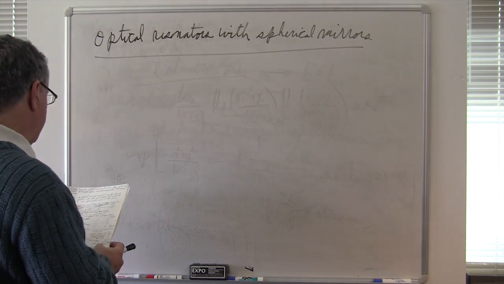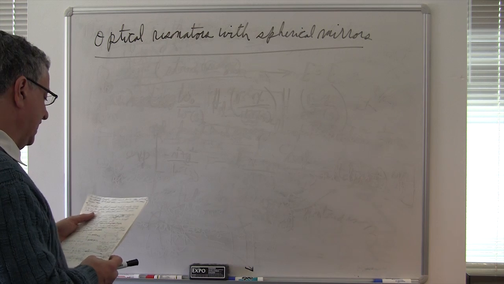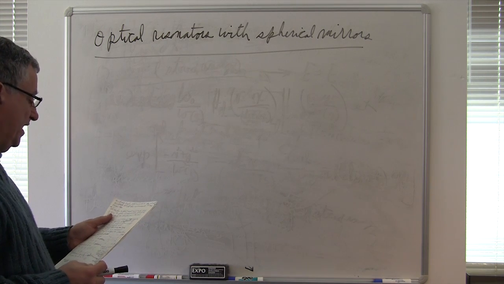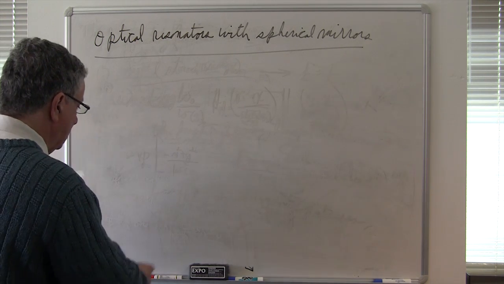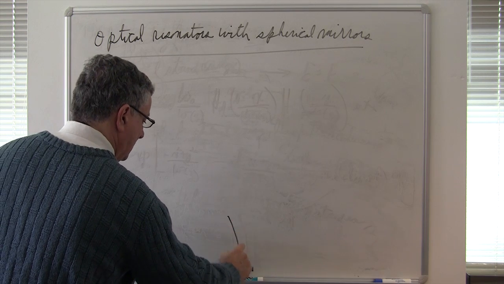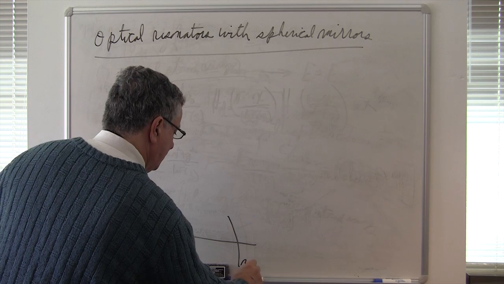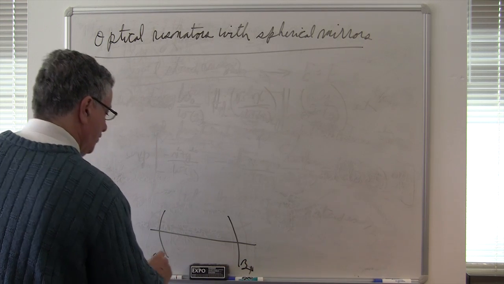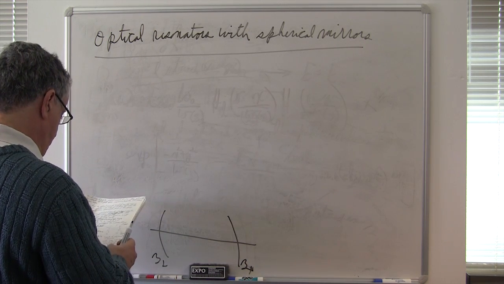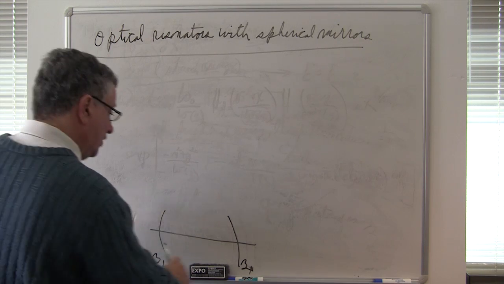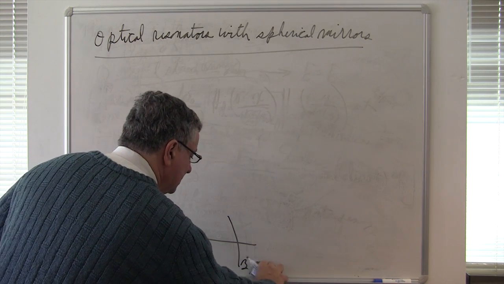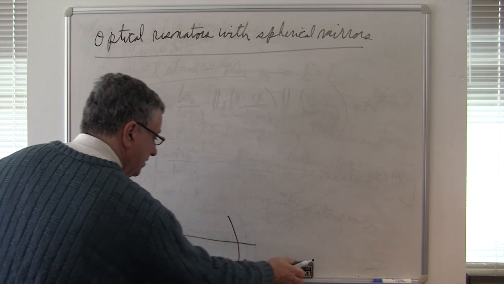So we can form an optical resonator merely by inserting at point Z1 and Z2. I'm sorry, here the notation is Z2 and this is Z1.